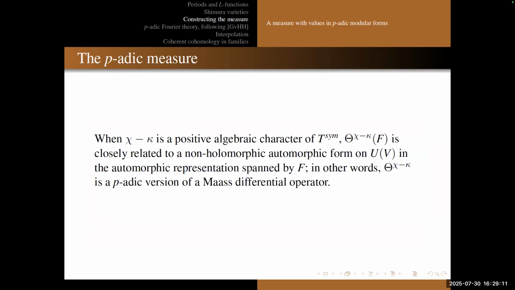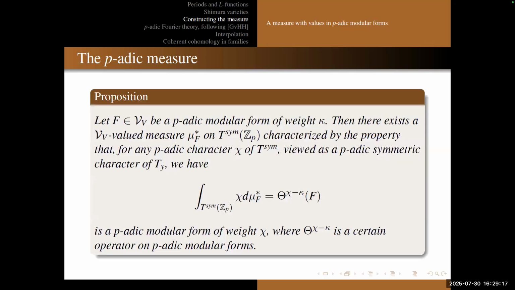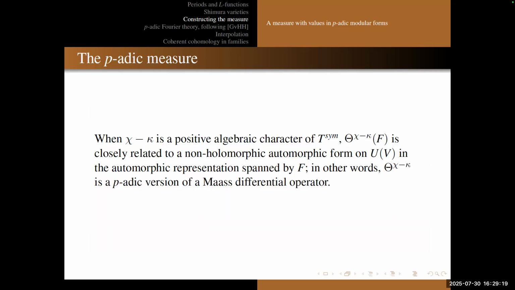Right. So if chi minus kappa is a positive algebraic character of this symmetric torus, then this is theta^{chi minus kappa}, and it is closely related to a p-adic version of a certain Maass differential operator. So the Maass differential operators are differential operators that take holomorphic modular forms to nearly holomorphic modular forms.